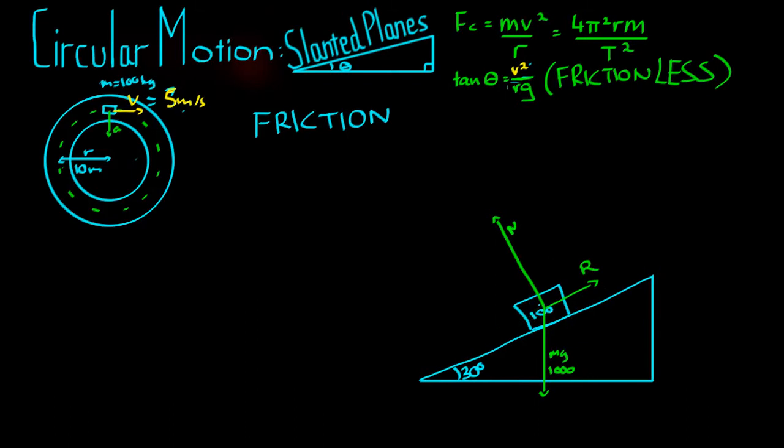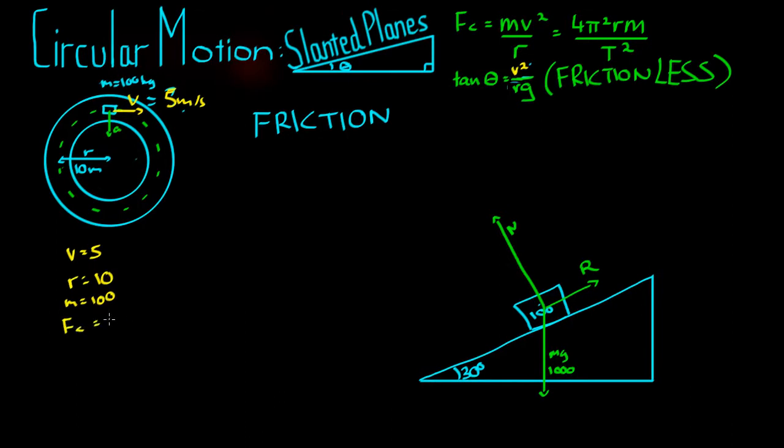And together, these three forces, this is the key, if he truly is moving in a circle, the net force of all these three forces, summed together, has to point in this direction, and it has to satisfy the circular motion equation. Since in this case we know V equals 5, R equals 10, and M equals 100, we can work out straight off the bat what the centripetal force is.